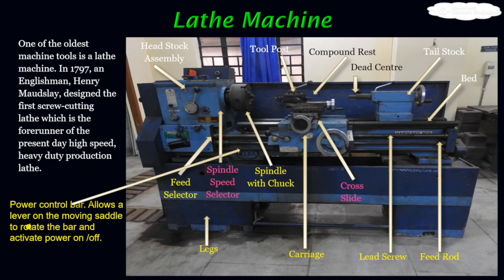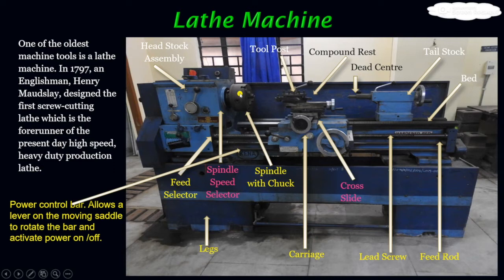The various components of this machine are these: headstock, headstock assembly. Here, the chuck. This is called the chuck. Spindle. On the spindle, the chuck is mounted. Then what is the chuck?